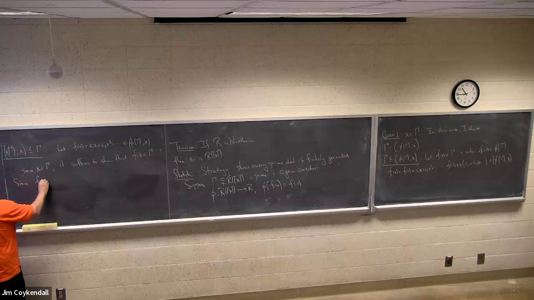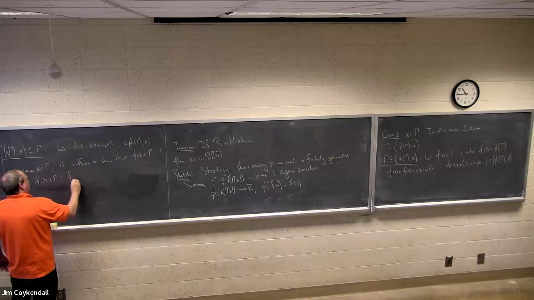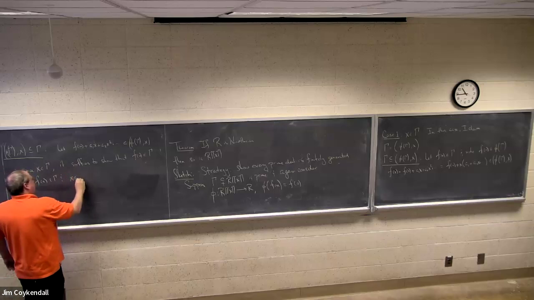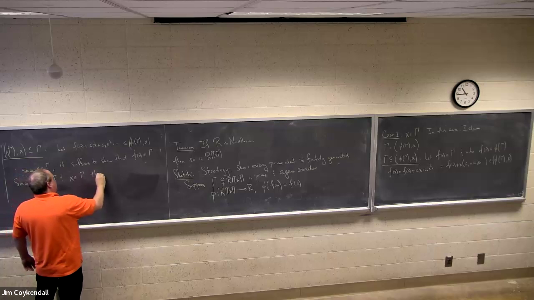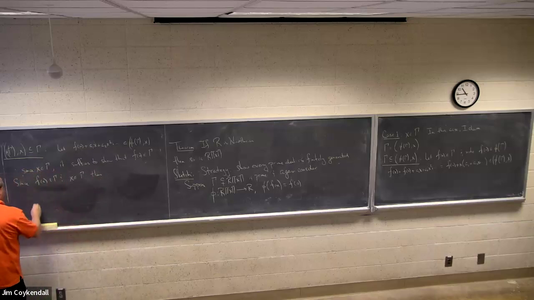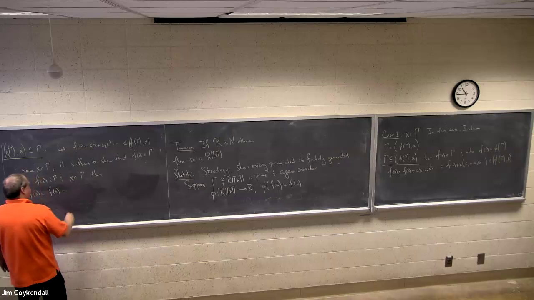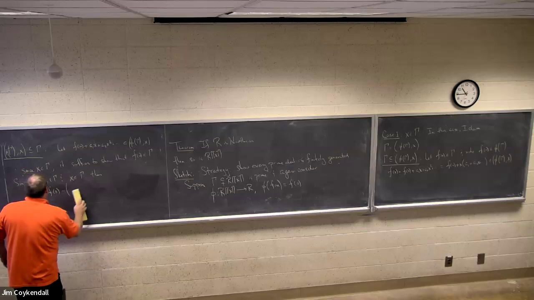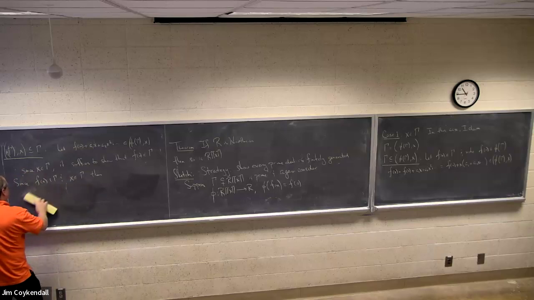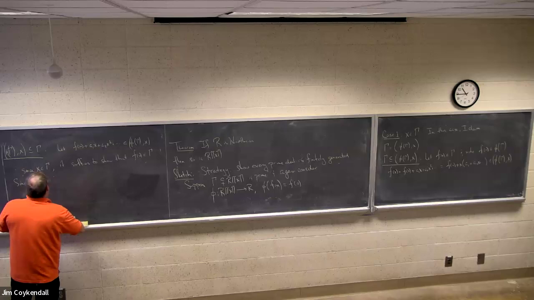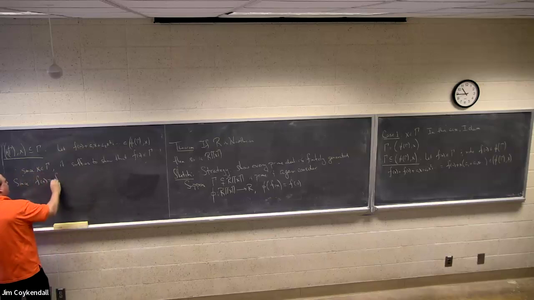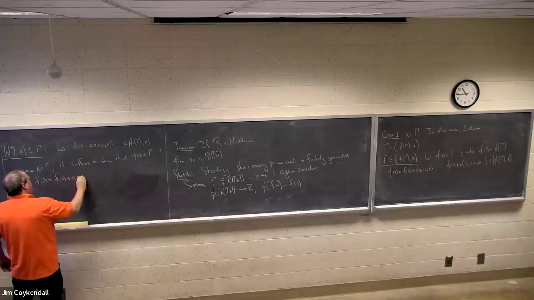Since f of x is in gamma and x is in gamma, then f of 0 is in gamma. Well, actually, I guess I can technically write that out. Let me write it this way, just so we can see what's going on.